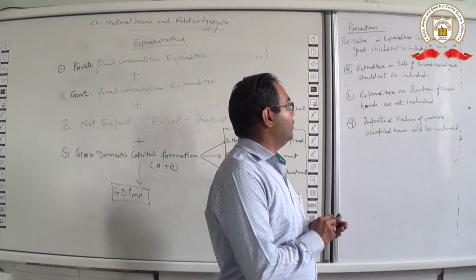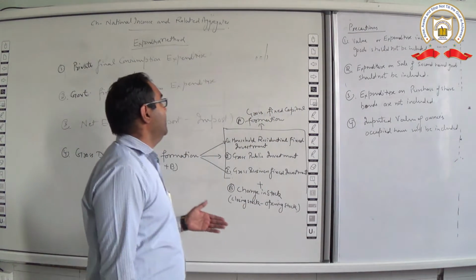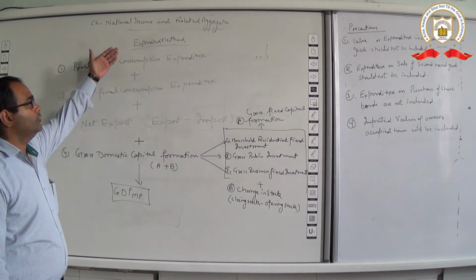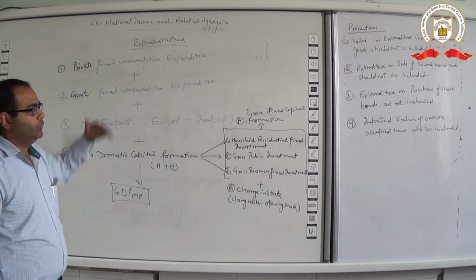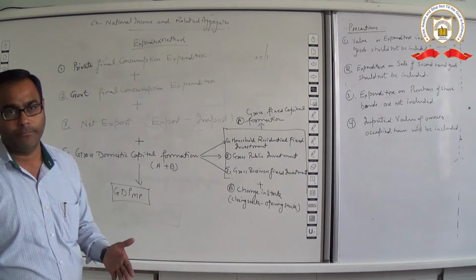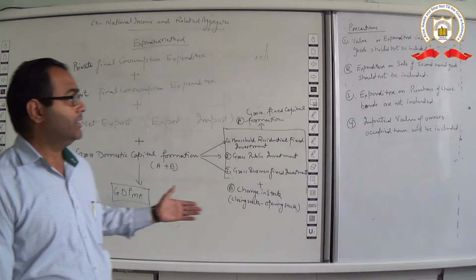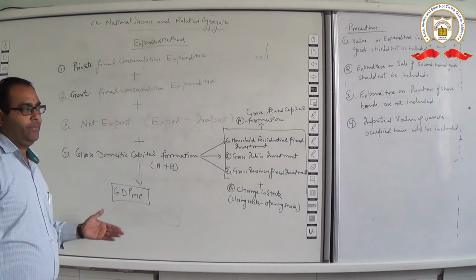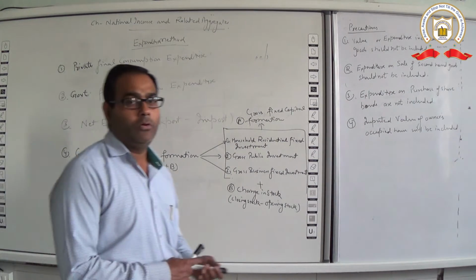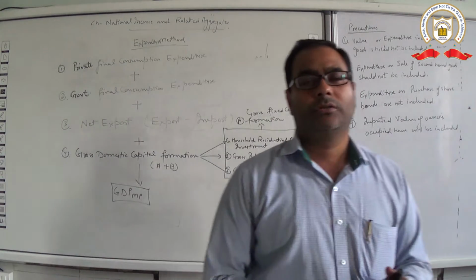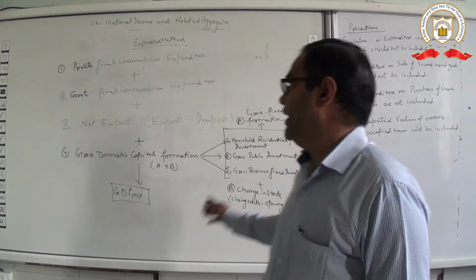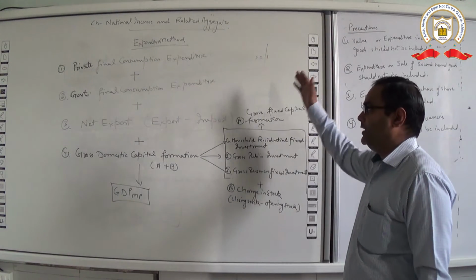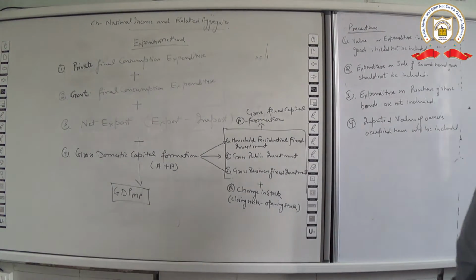So these are the precautions we should keep in mind while using the expenditure method to calculate national income. I hope the concept of the expenditure method is clear to you. Now we will discuss the numerical, how we have to attempt a numerical by using this method.